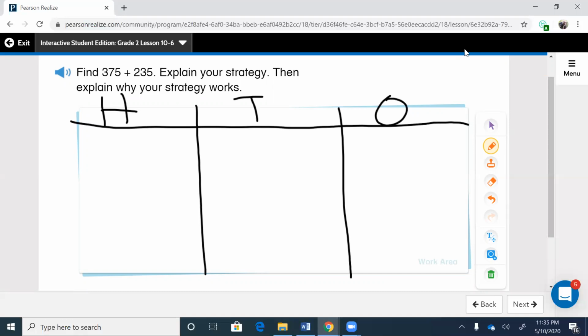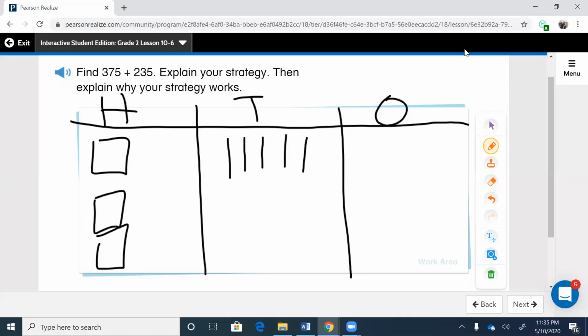We start with the bigger number, which is 375. 3 hundreds. Then look at your tens in the middle. 7 tens. 1, 2, 3, 4, 5, 6, 7. And 5 ones. 1, 2, 3, 4, 5.